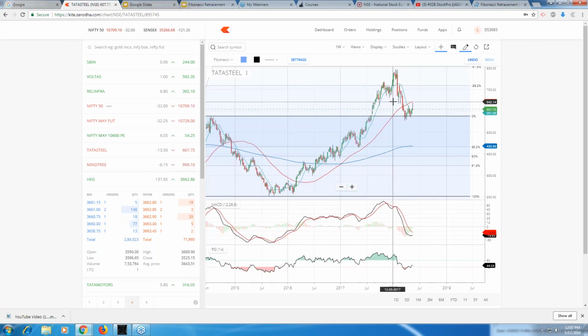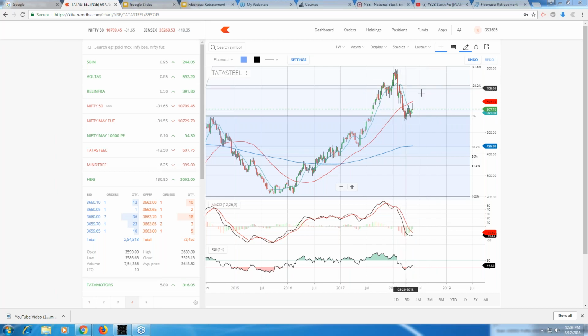So you can mark 23.6% somewhere in between, then you can mark 38.2%, then you can mark 61.8%, and see it has broken 23.6, then 38.2, and then it touched 61.8%, and then from there it is falling down. So this is how you will be able to use extensions to predict the future. And if you want to see the retracement, just try it from 0 to 100 and you will see where the supports are coming in for this particular stock.